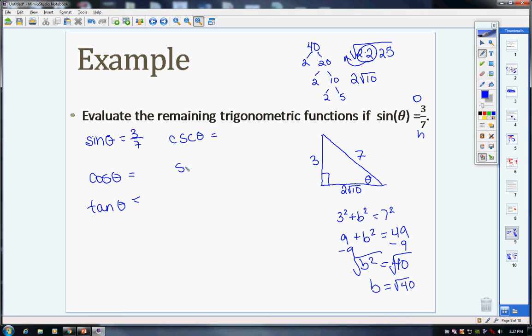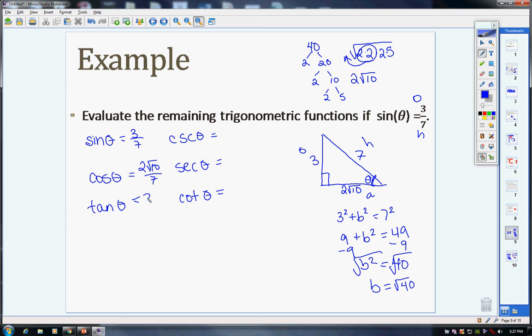Well, cosine is, remember here we are, this is adjacent, this is opposite, this is hypotenuse. Cosine is adjacent over hypotenuse, so 2 square roots of 10 over 7. Tangent is opposite over adjacent, 3 over 2 square roots of 10. I will get rid of that in a minute.